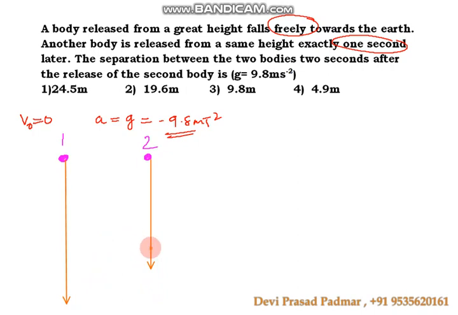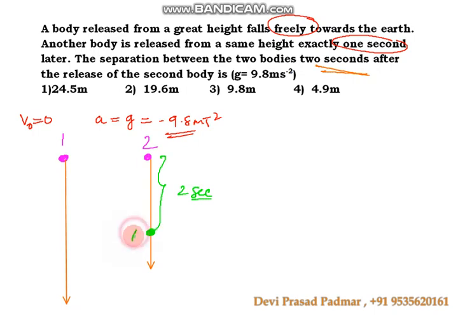Both are released with initial velocity 0 and acceleration equal to acceleration due to gravity. Now, 2 seconds after the release of second body, that means this body falls for 2 seconds. After 2 seconds that body reaches somewhere here.